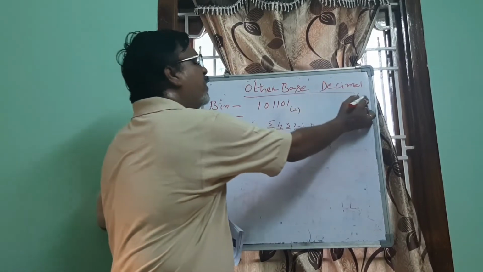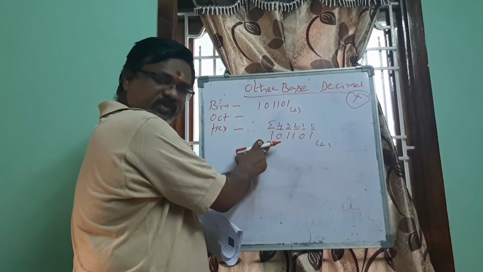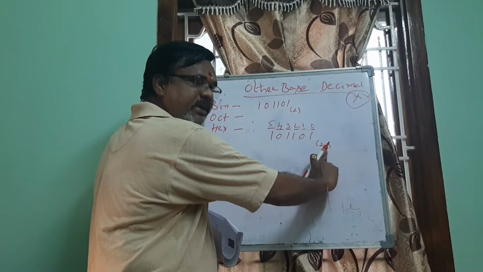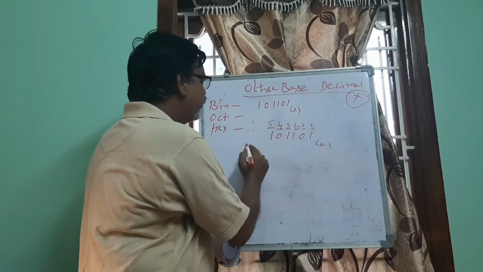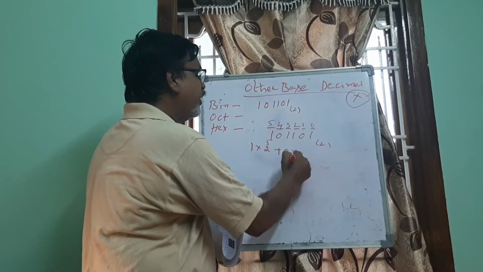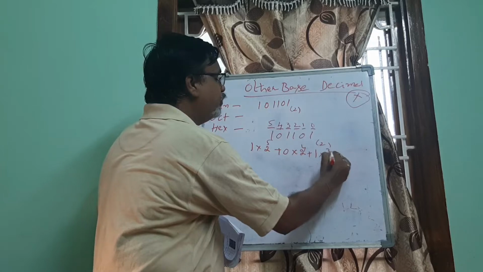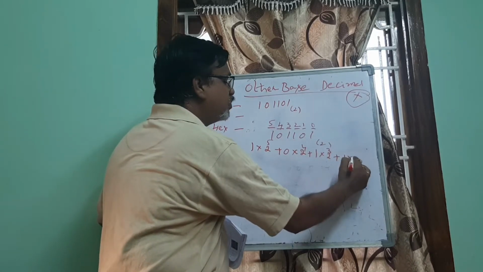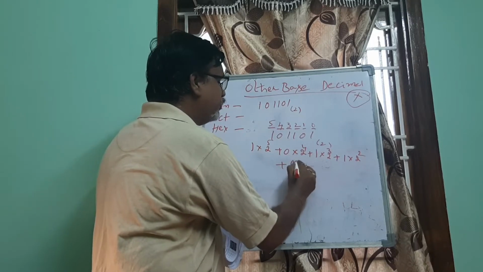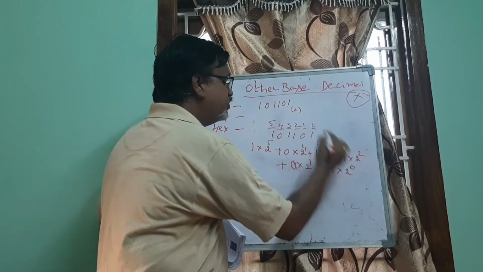Remember, I told you multiplication. You have to multiply this bit with 2 power of the position. Why 2 power? Because the number we are converting is a binary number. So 1 into 2 power 5 plus 0 into 2 power 4 plus 1 into 2 cube plus 1 into 2 square plus 0 into 2 power 1 plus 1 into 2 power 0.